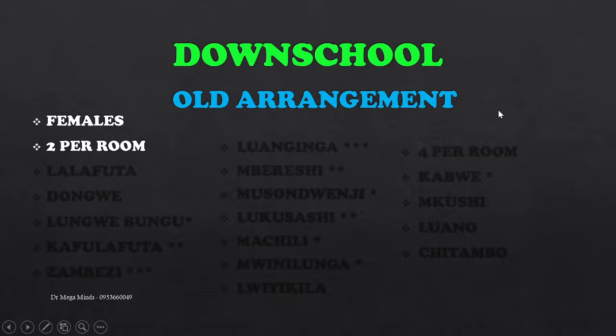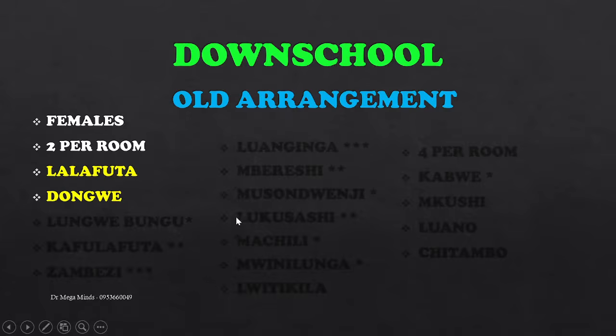What hostels do you find down school for females? About 90% of the hostels down school are for 2 people in a room. A lot of them are for 2 people in a room. So what specific hostels can you find on the portal when it's open? We have Lalafuta, we have Dongwe. These are hostels for 2 people in a room.